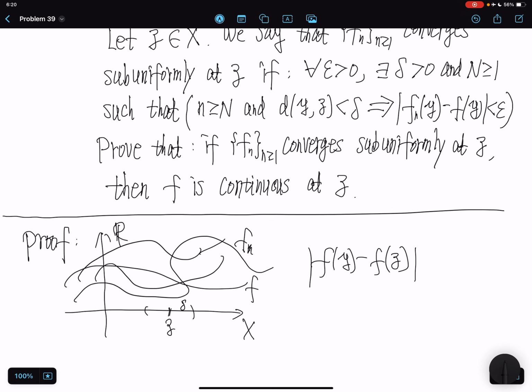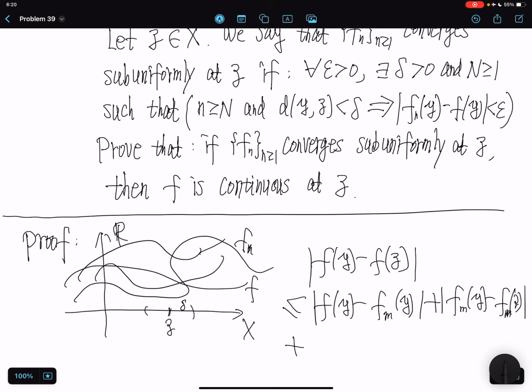So usually we use the triangle inequality, and we break this into parts: f of y minus f sub n of y, plus f sub n of y minus f sub n of z, and then plus f sub n of z minus f of z.